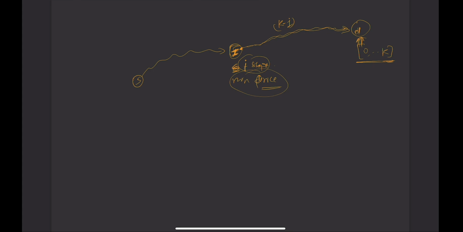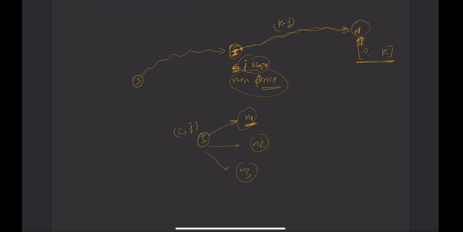If I'm going from some intermediate node to its neighbors, let's say n1, n2, n3, what will be the cost to reach n1? The cost is one factor, as well as the number of stops. Suppose the number of stops is j and the cost is c to reach this node.